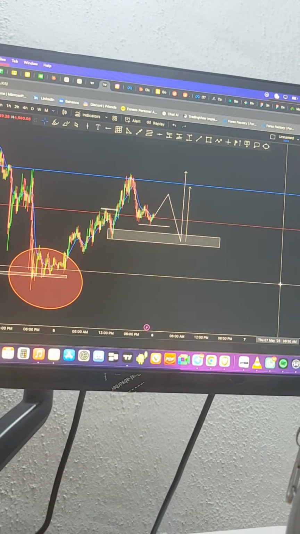It's a whole lot. But once you are able to overcome that greed, that anxiety, that wanting to make money very, very fast, then you are going to start seeing changes in your trading.